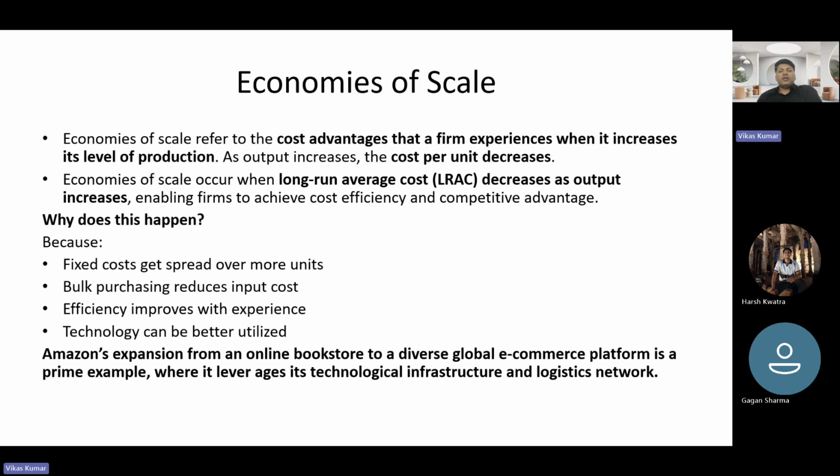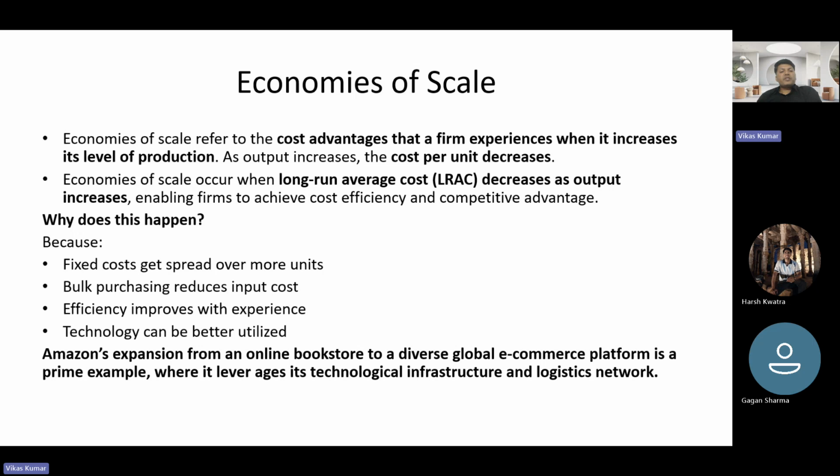It puts that particular company on the negotiating table at a higher side, and because of that, cost per unit decreases.